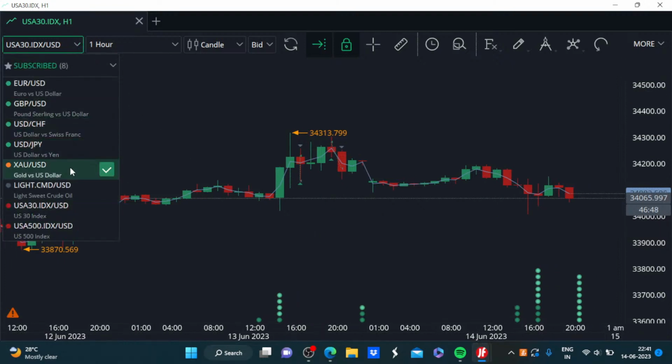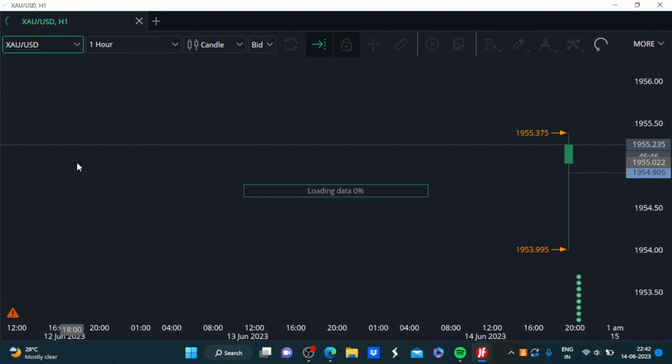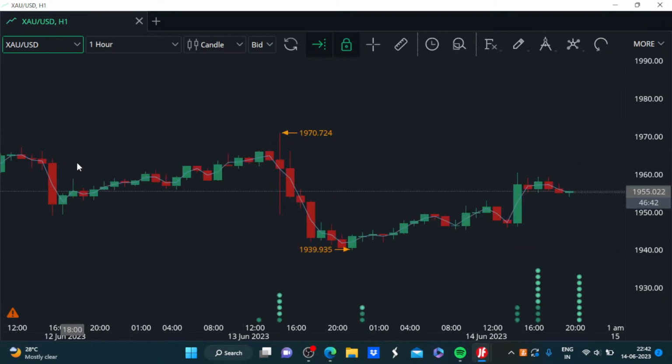Most of the financial instruments available on the platform are going to work quite well with these indicators. So you can take advantage of the situation and go for profit making in this scenario.